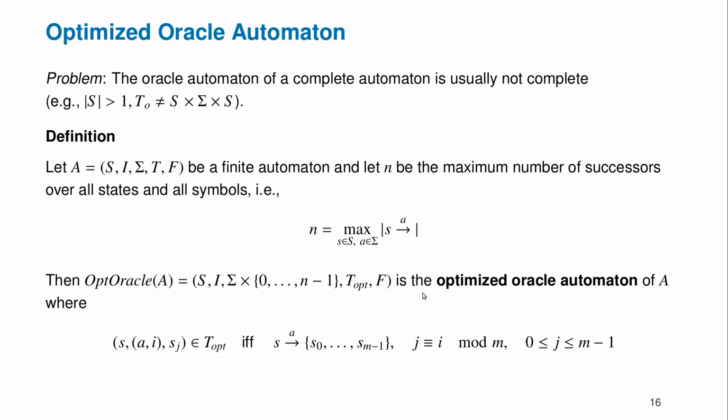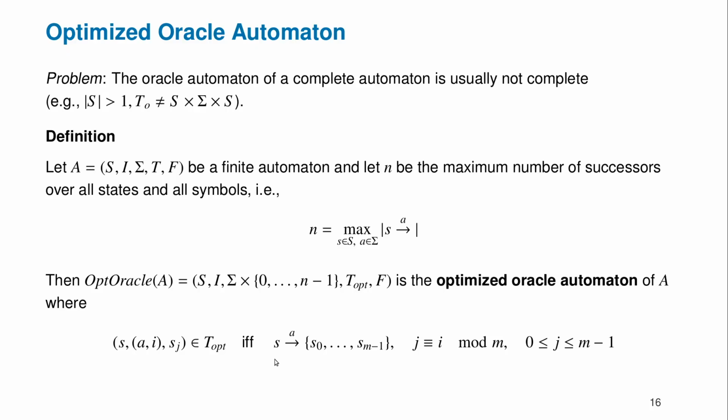Yeah, and for the transition relation, this means the following. So if we are in a state S, then with symbol A in the first component and i in the second component, where this is now a number between 0 and n minus 1, we go to a state Sj, if and only if.